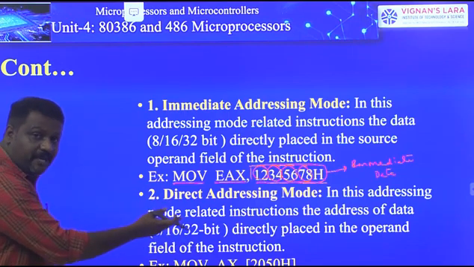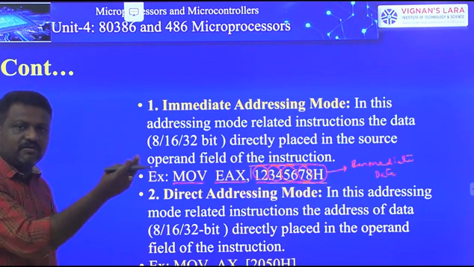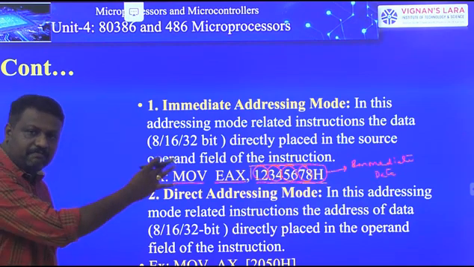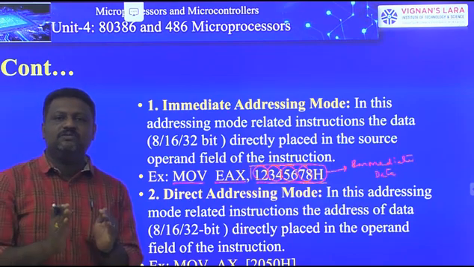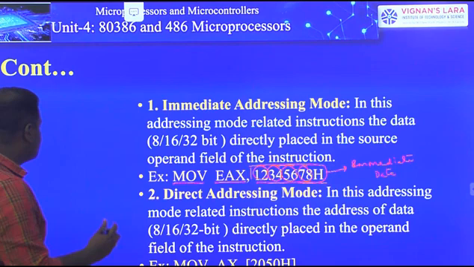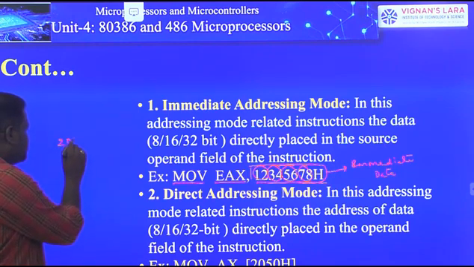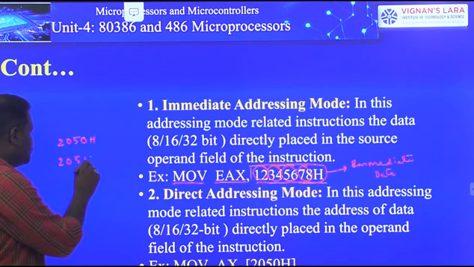So in order to fill this 16-bit register, I must access 16 bits from memory. I know that each location can hold only 1 byte of information. So the meaning of this is the content present in 2050H as well as the content of 2051H.